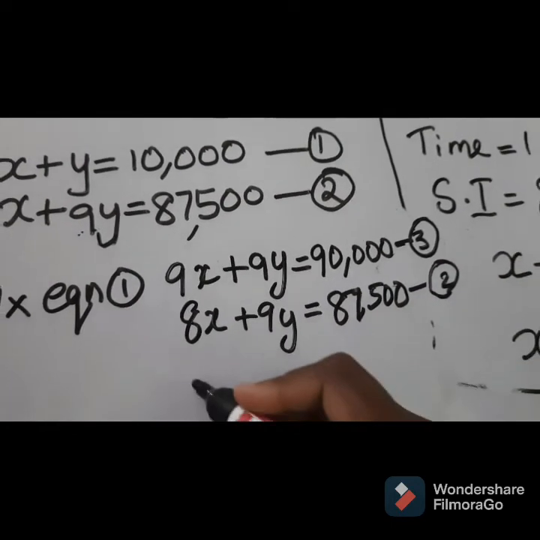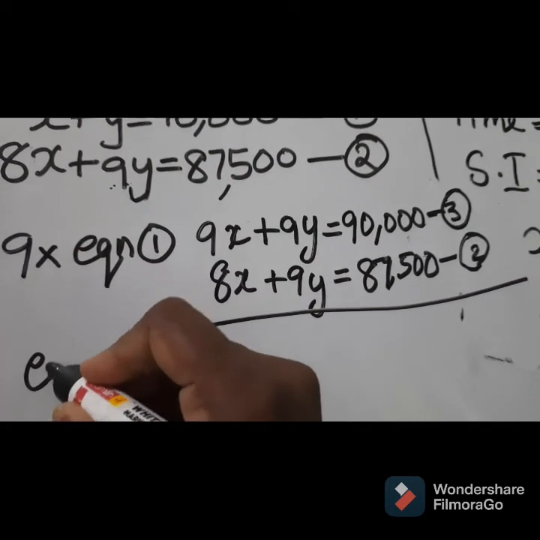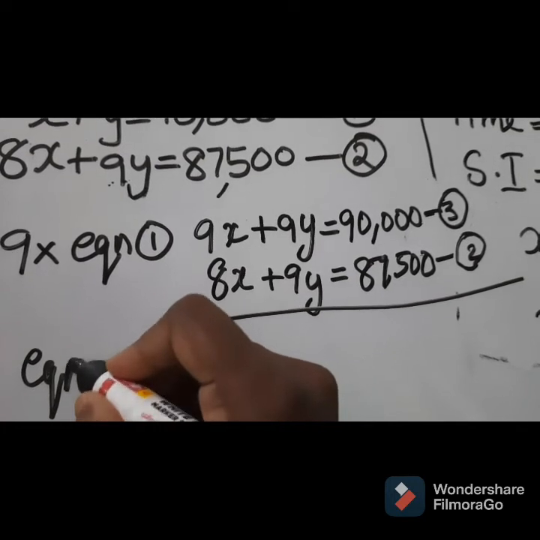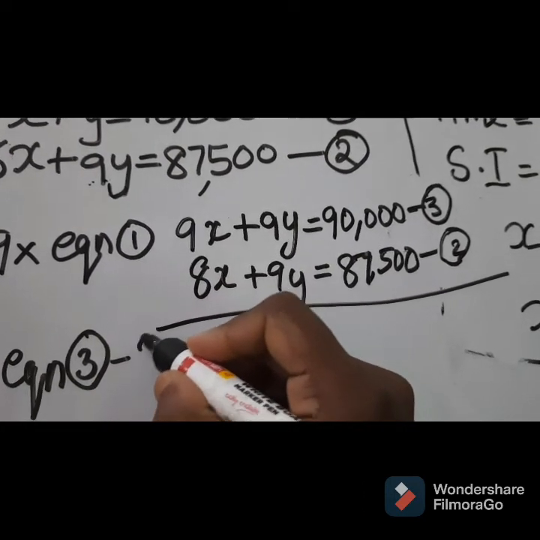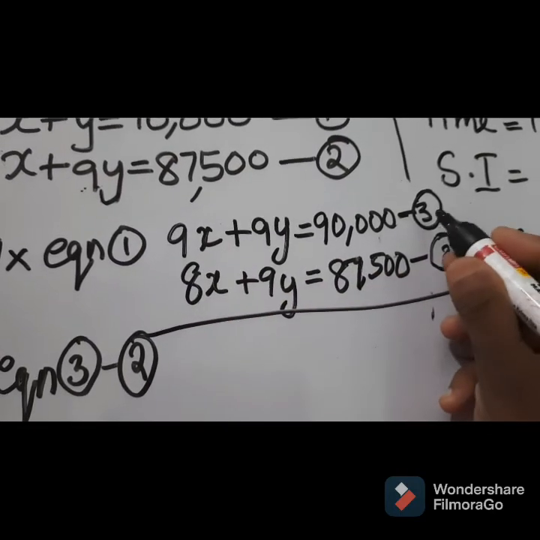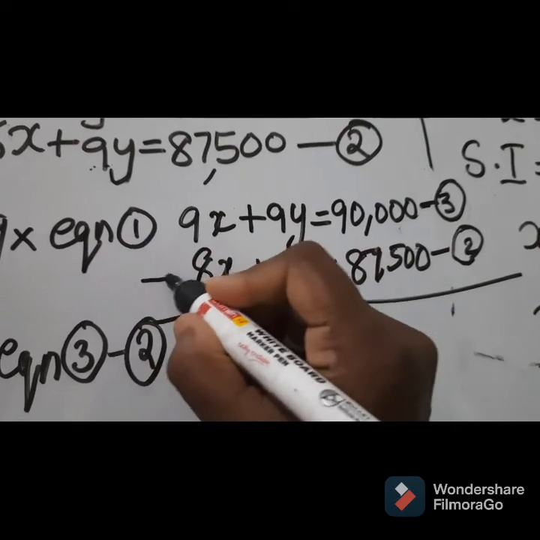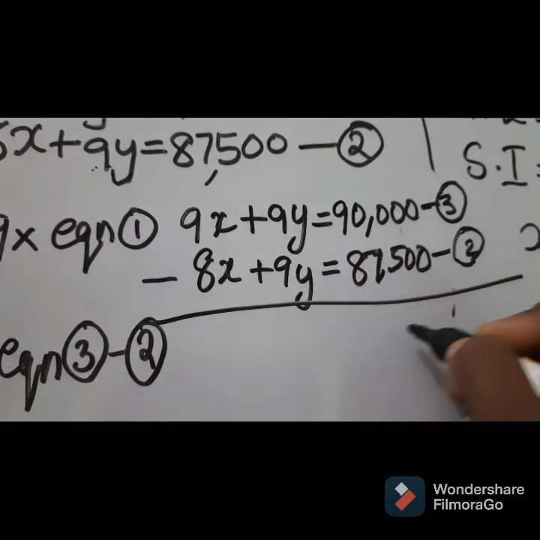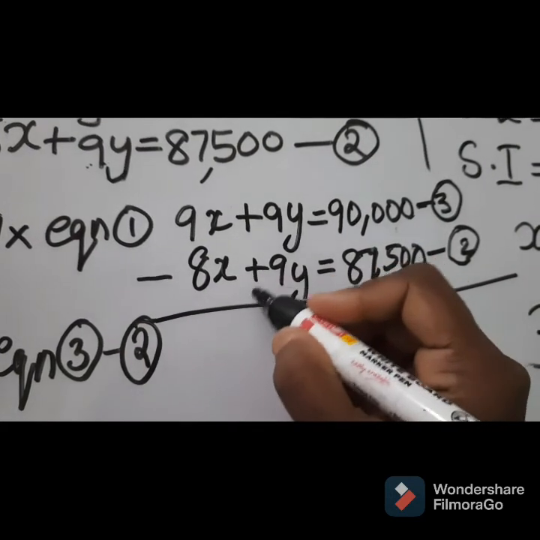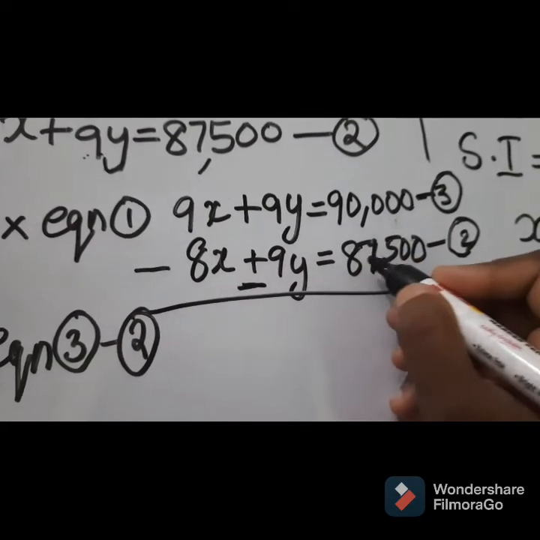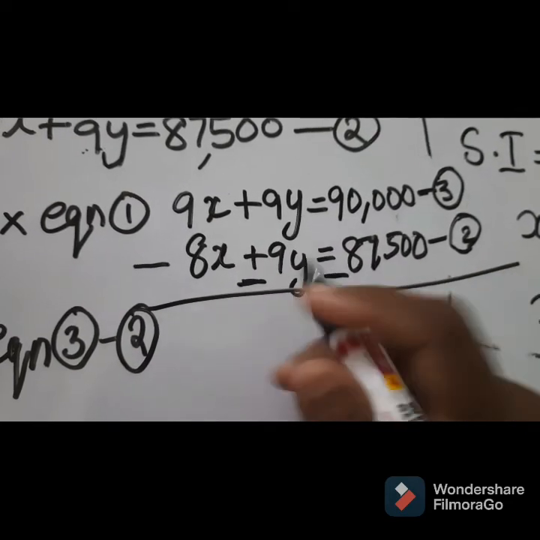Now we can subtract. What do we have to subtract? Equation 3 minus equation 2. So minus means we have to put minus. That means there is a bracket. So we have to put minus in every term. So plus, here will come minus. Here it is positive, so we put the minus, this will come negative.